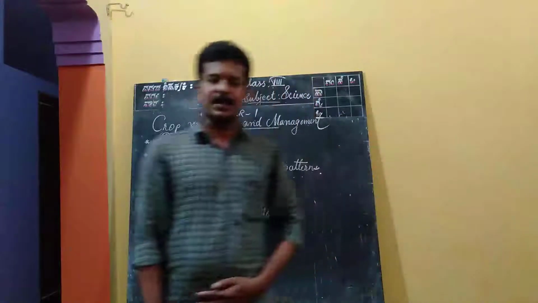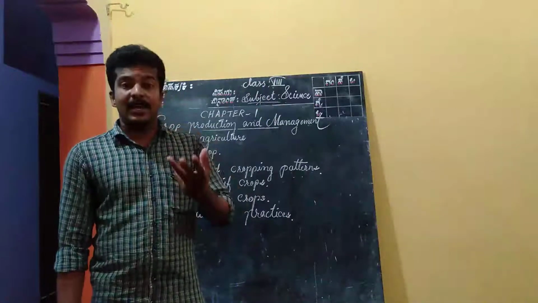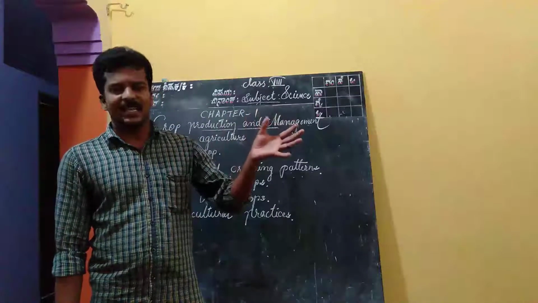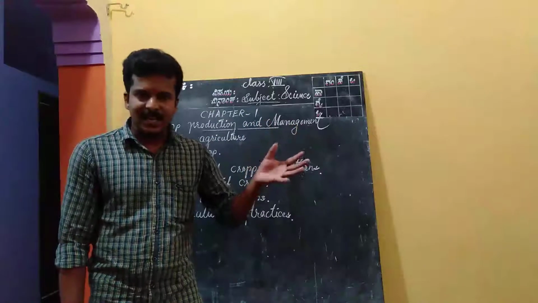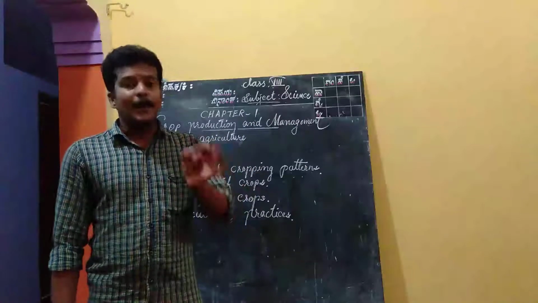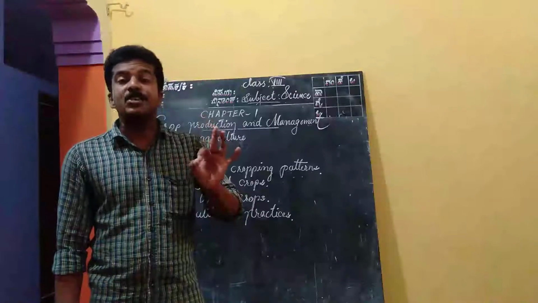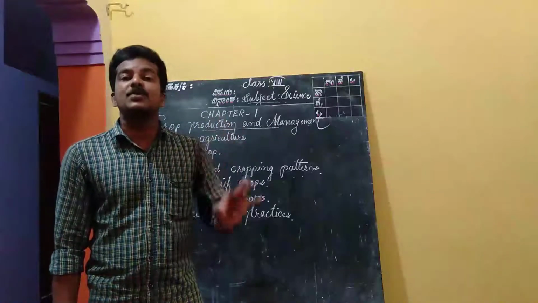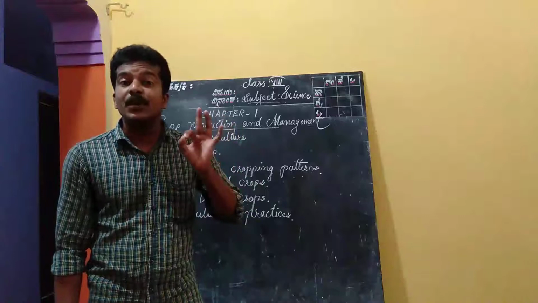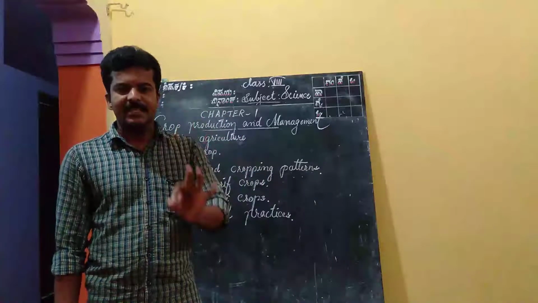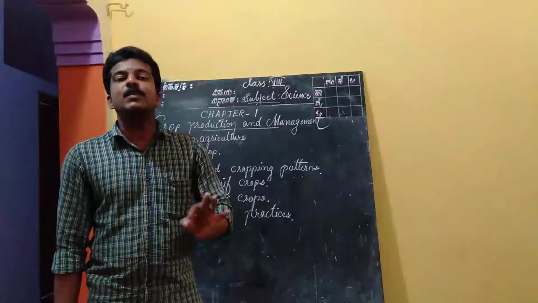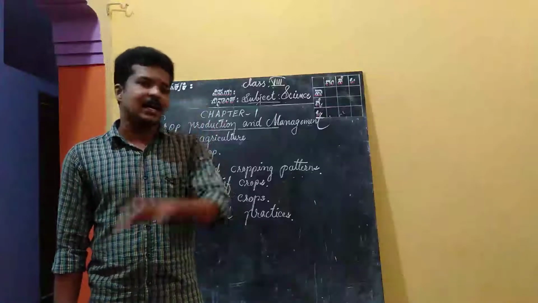Shall I? Okay, see. We may define agriculture: it's an art of science. What is agriculture? It's an art of science, business of production, marketing and distribution of crops and livestock for the benefit of human beings. And this is the most suitable definition for agriculture.